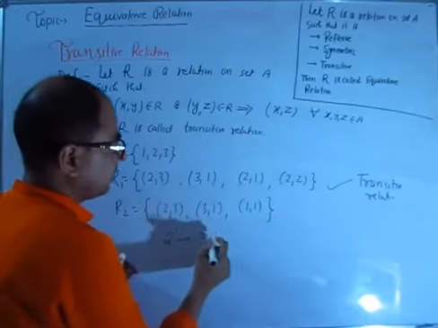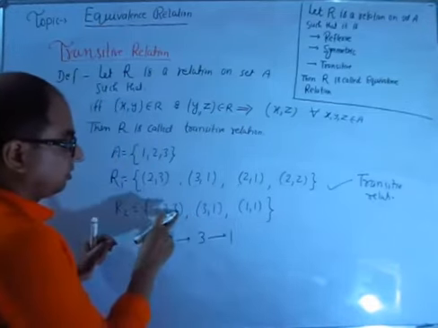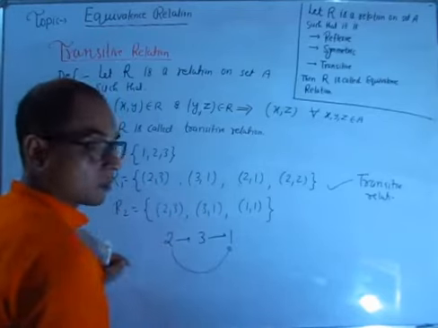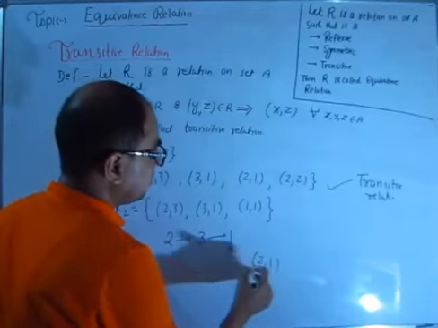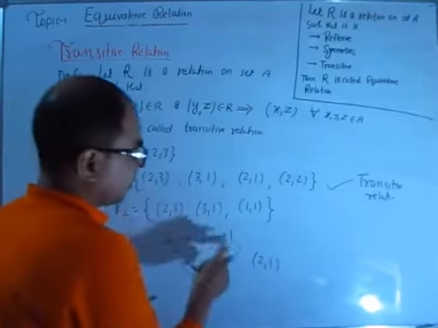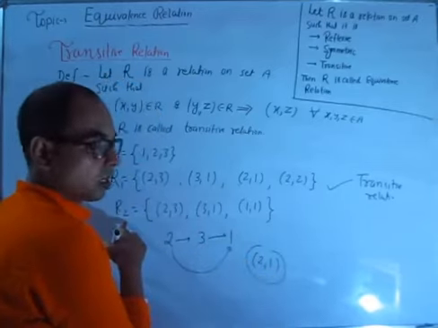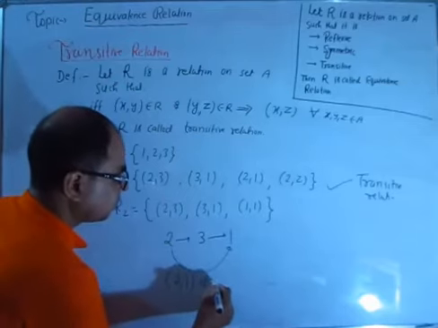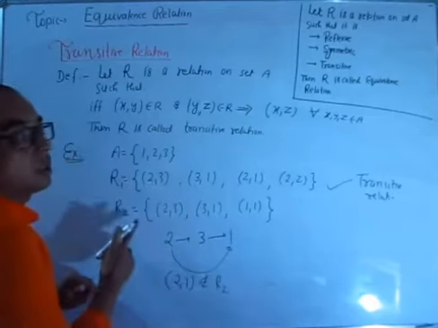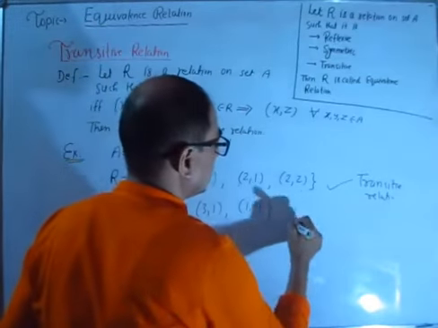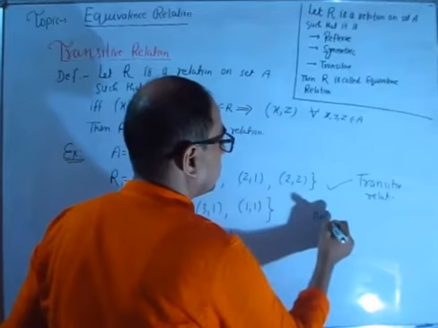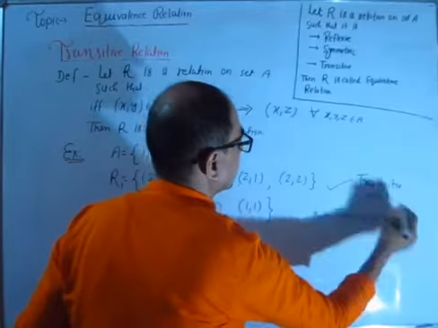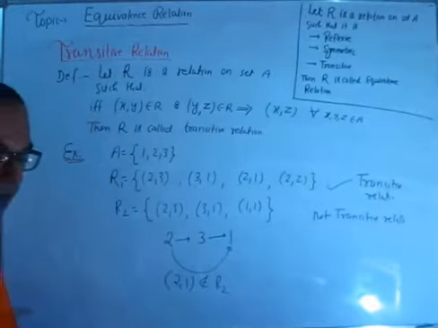Yes, 3 is related with 1. So 2 must be related to 1. That means (2, 1) must be present in this relation, but it is not present in the relation R2. Since (2, 1) does not belong to R2, it is not a transitive relation.